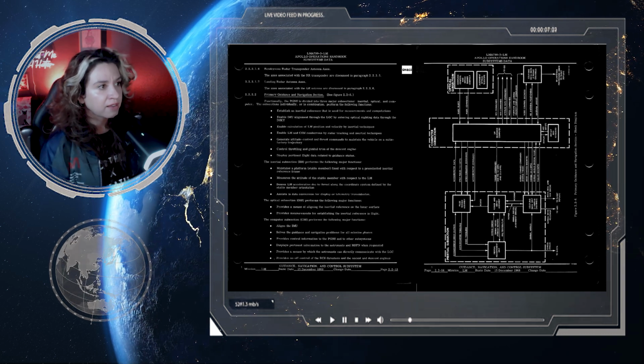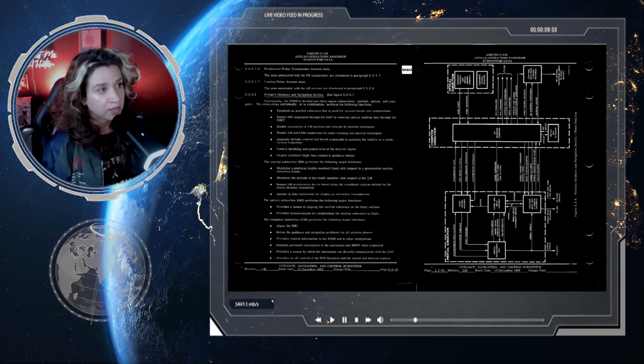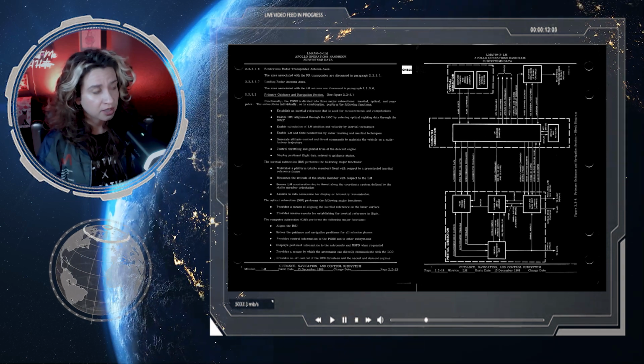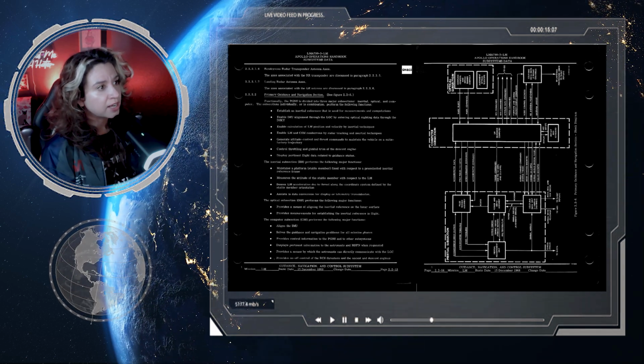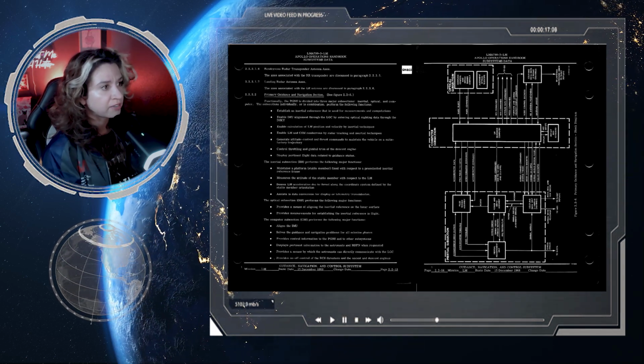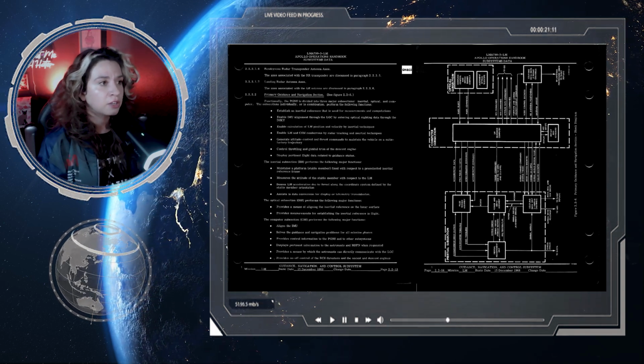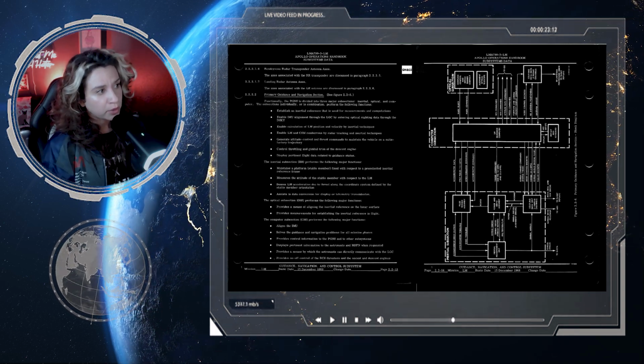Primary guidance and navigation section will be discussed in figure 2.2-6. Functionally, the PGNS, which is the primary guidance and navigation section, is divided into three major subsections: inertial, optical, and computer.